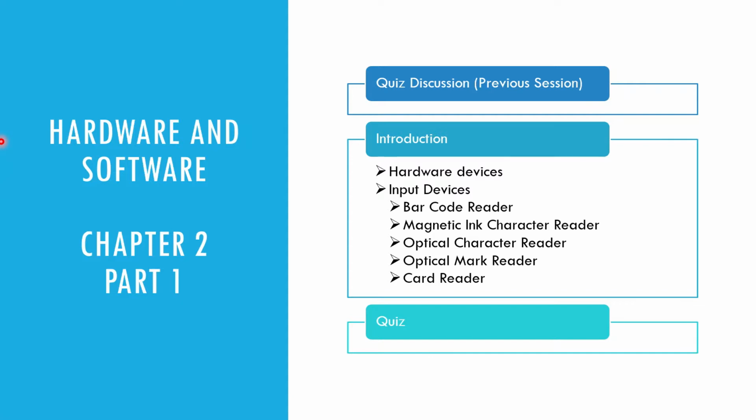We will discuss in detail some of the input devices used for commercial purposes, like barcode reader, magnetic ink character reader, optical character reader, optical mark reader, and card reader. We will end the session with a short quiz. So, let's begin.